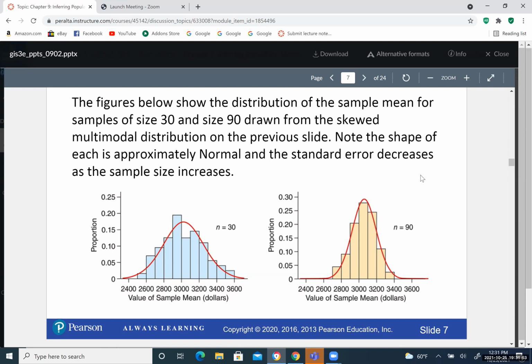Another graph is 90. So we compare: 90 is better, looking at the blue one, right? It's more like the bell shape than the other one, even though they're both called normal distributions, both bell shaped. It doesn't have to be perfect. However, the larger the sample size, the better.